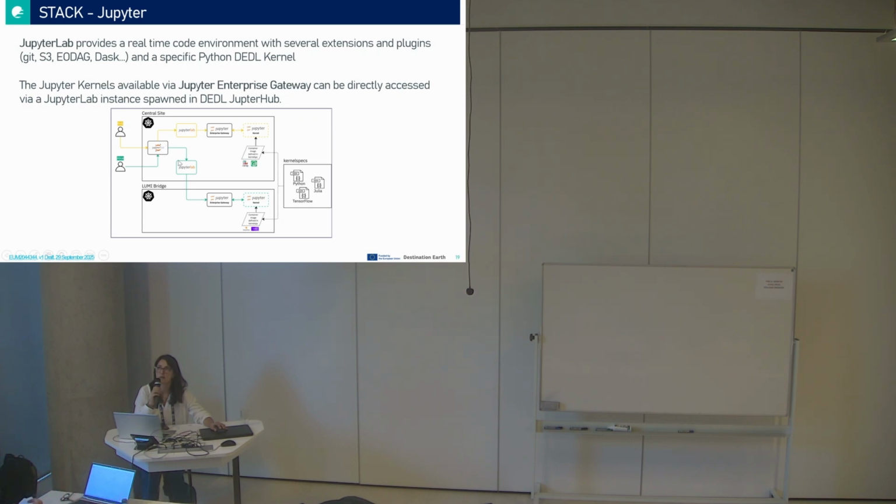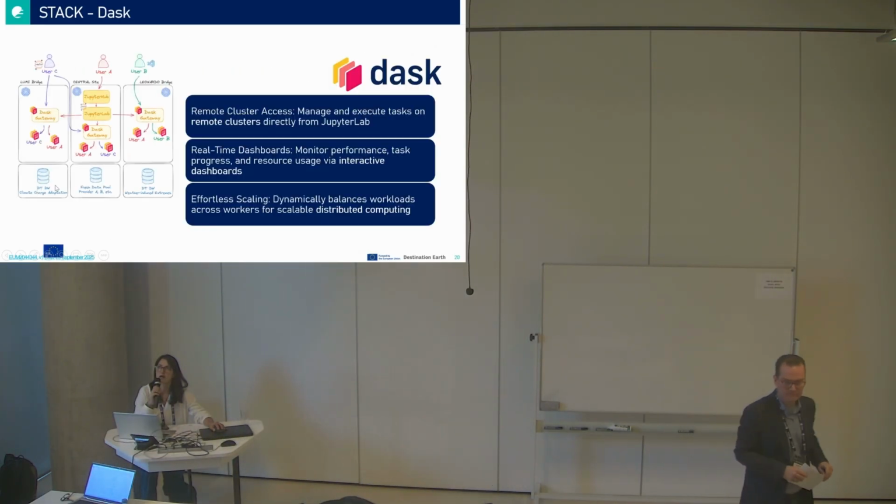This is a possible user workflow with Jupyter Hub, because a user can access, as you did right now, the central site, and from there they can launch kernels on the other sites. Same for Dask. Here in the figure we have several patterns that users can use to access and process data.